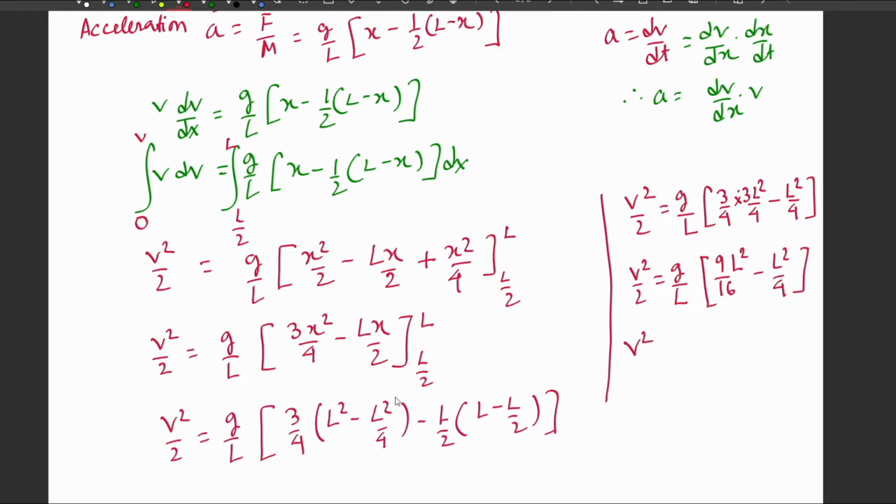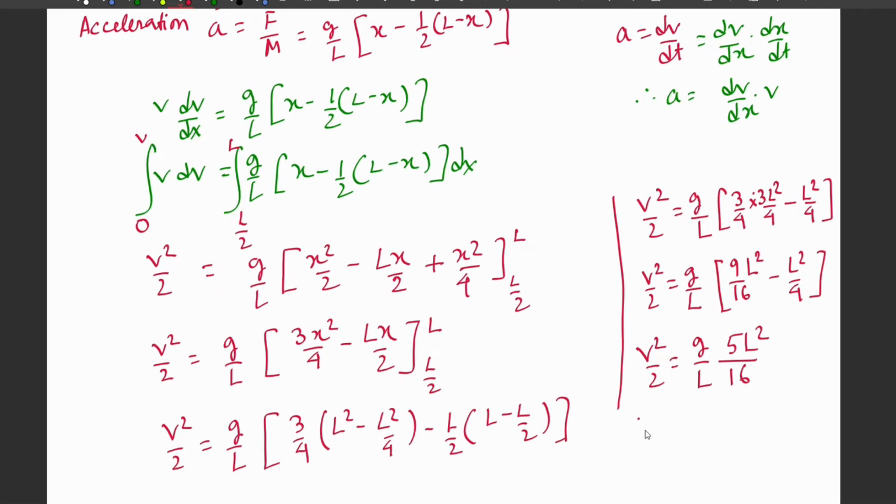So v square by 2 is g by L into 5 L square by 16. Therefore, v is root over 5 g L by 8.